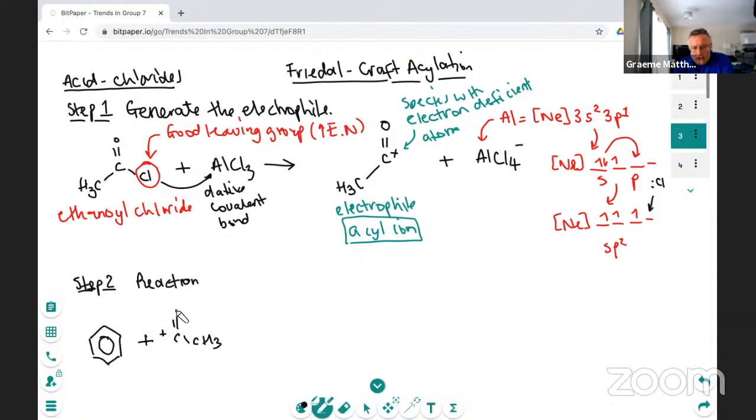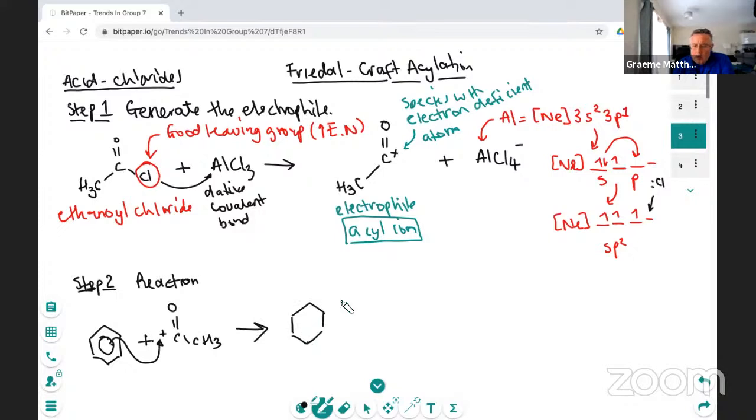Now, one of the pi bonds in the system here is attracted to this positive. So, you know, the two electrons in a pi bond, they are both attracted to this positive charge here. And so you end up getting this one like this.